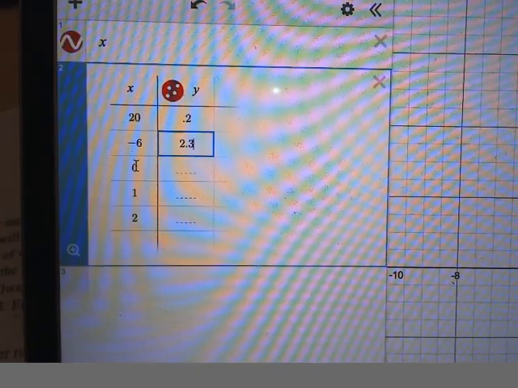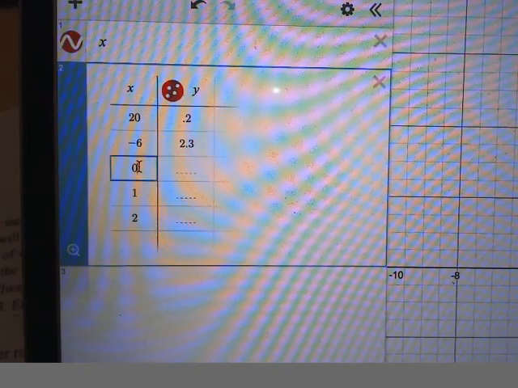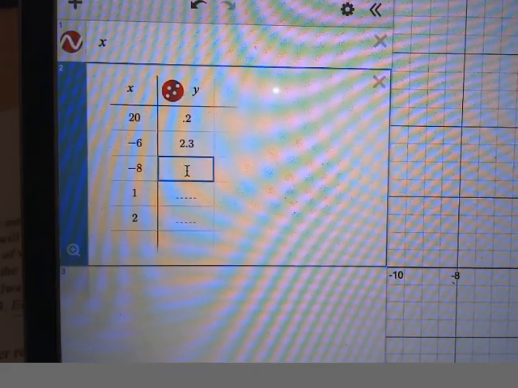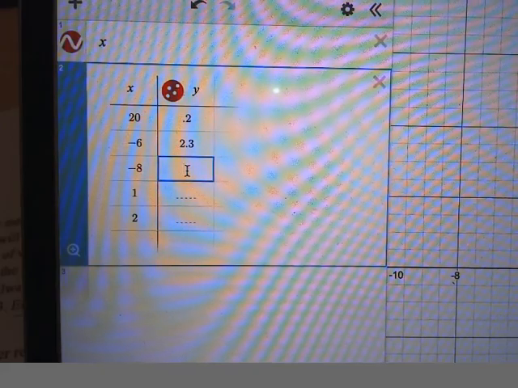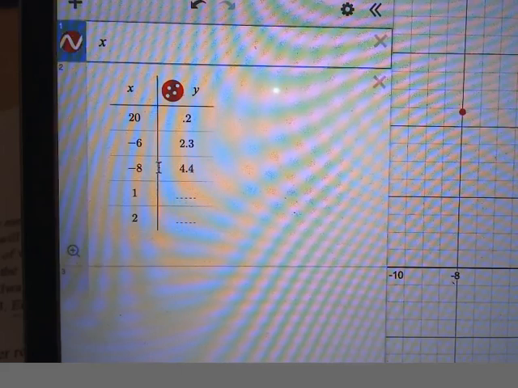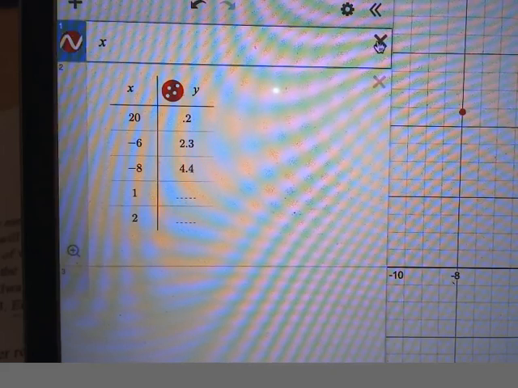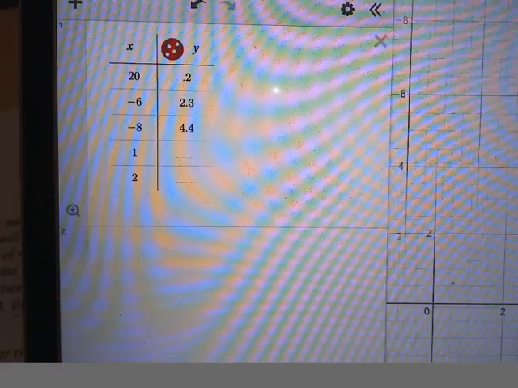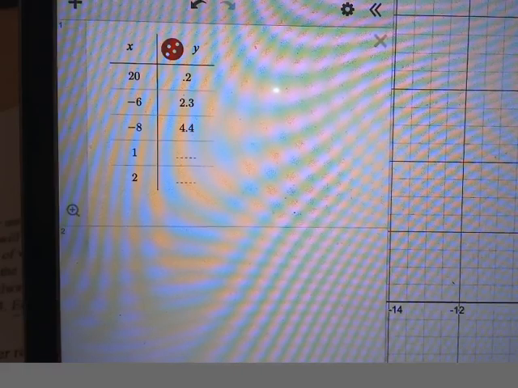And then it said at 8 feet in the room, it was 4.4. Now let's get rid of the x. We don't need that anymore. There are the points. There's the one way down the hall, and these.